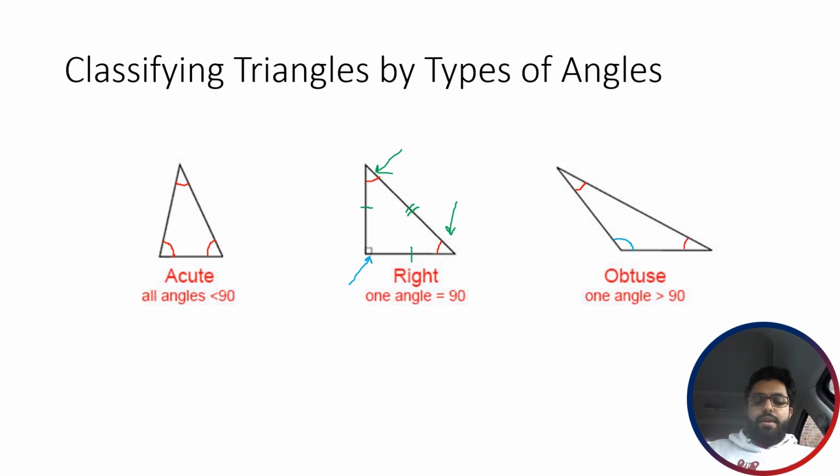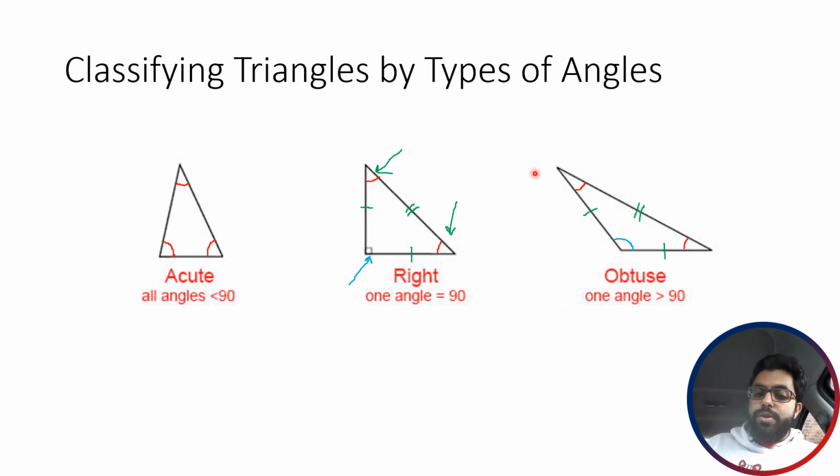For instance, same thing over with the obtuse one. I don't think they're the same length, but if I were to say that this and this are the same length as each other, and this is a different length, then again, we've got a triangle with two sides that are the same length as each other, one side that's a different length. This must be an isosceles triangle. But instead of having a right angle in the middle like we had over here, we've got an obtuse angle.